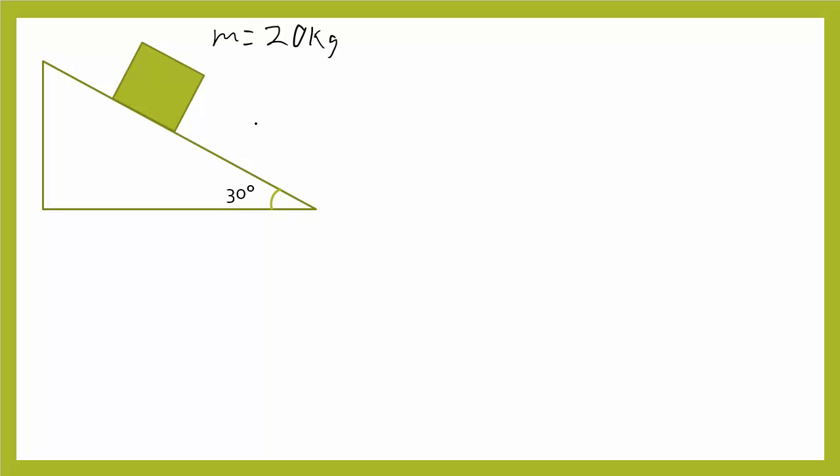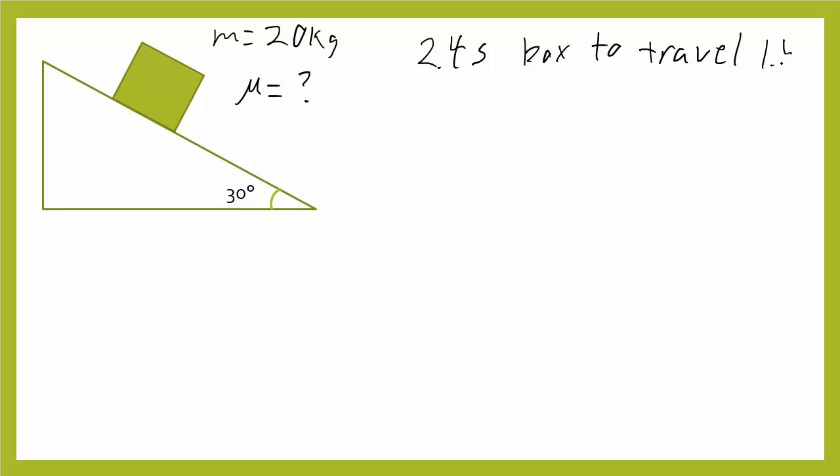But now I don't tell you about the amount of friction there is. In fact, I want you to find the coefficient of friction. And I'm going to give you some kinematic information. Let's say that it takes 2.4 seconds for the box to travel, let's go with 1.5 meters down the ramp.